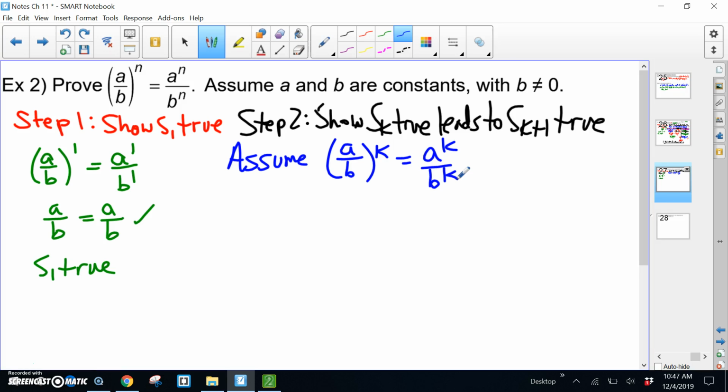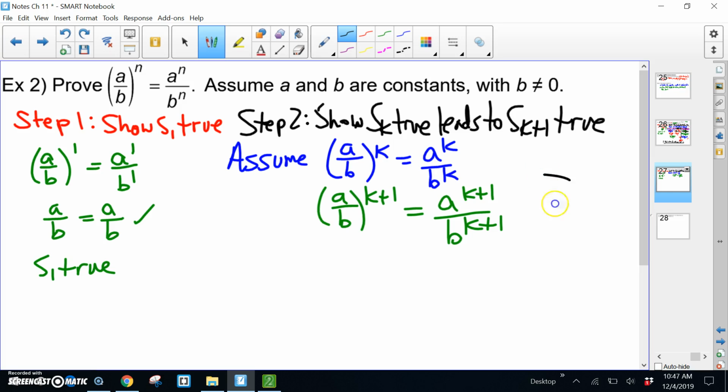Now I have to prove that the next one is going to fall, and that's where k plus 1 comes in. So change that k into a k plus 1. Likewise here and here. And technically this is a question. We don't know if that's true. That's what we're trying to show. That's what we're trying to prove.